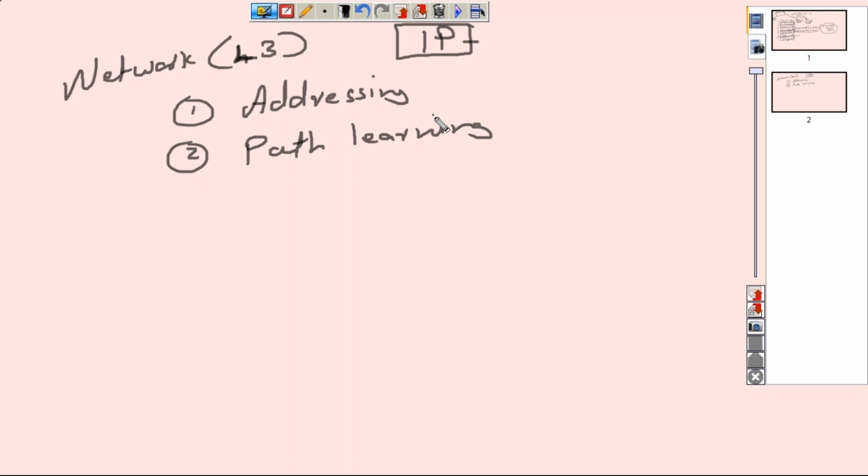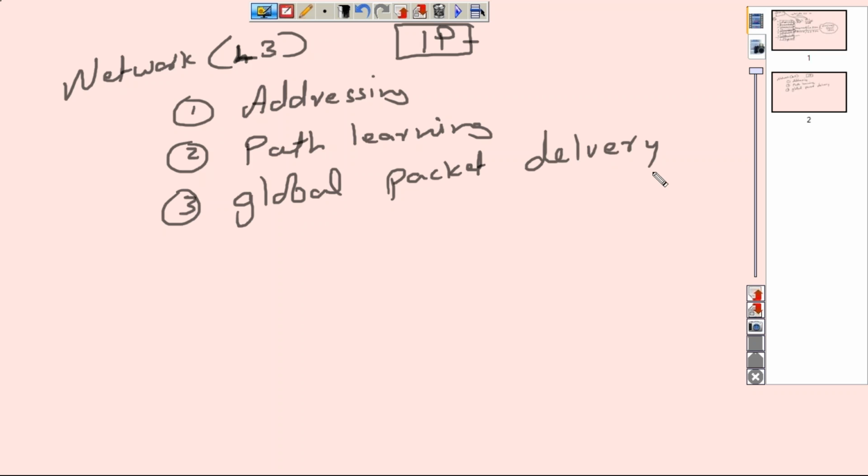Meaning delivery: your packet actually goes from your machine to the Google server and the reply comes from there. Your network layer is concerned with that, and specifically your IP protocol.